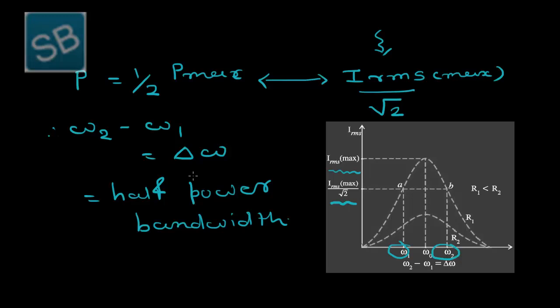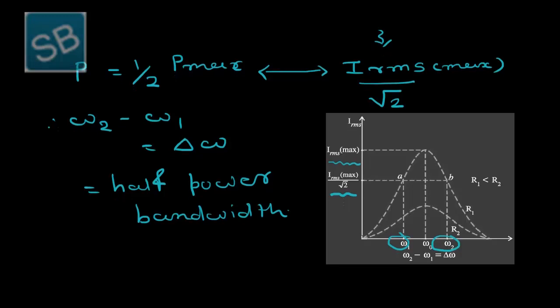Why is it half power? Because at this particular frequency range, the value of RMS current is at this point, means IRMS max upon root 2, and at this value of current, the value of power is going to be half, and that's why the word half power is used, and bandwidth is just showing us the frequency range.